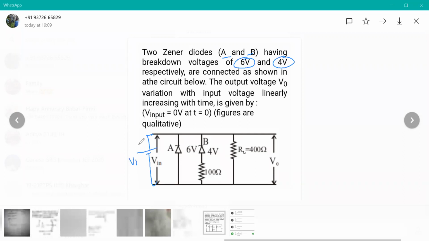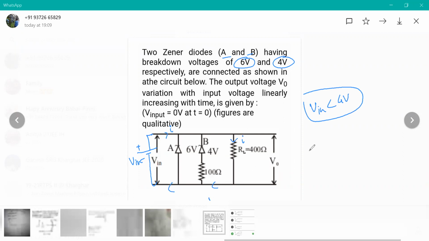So this is the input voltage. If the input voltage is less than 4 volts, neither of them are in breakdown mode, so neither of them is going to conduct electricity. Both are in the normal working condition, in reverse bias. What happens in reverse bias normal working condition? There's hardly any current. So the current in the circuit will take this kind of path.